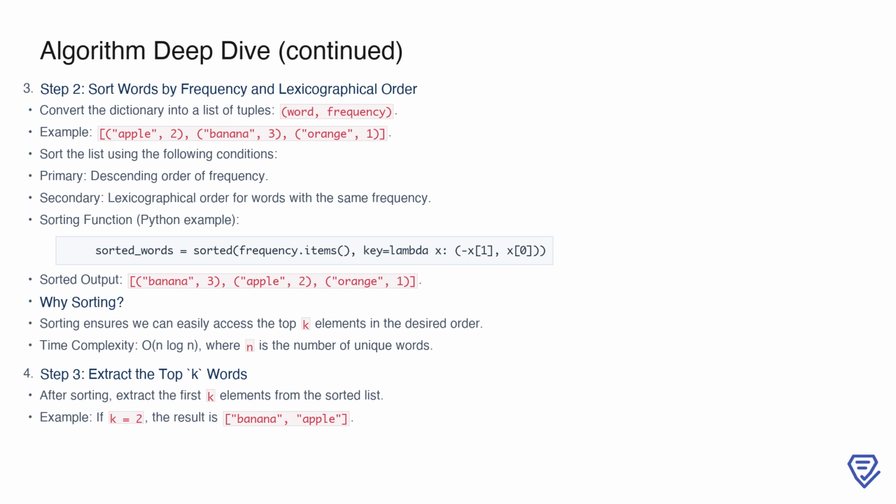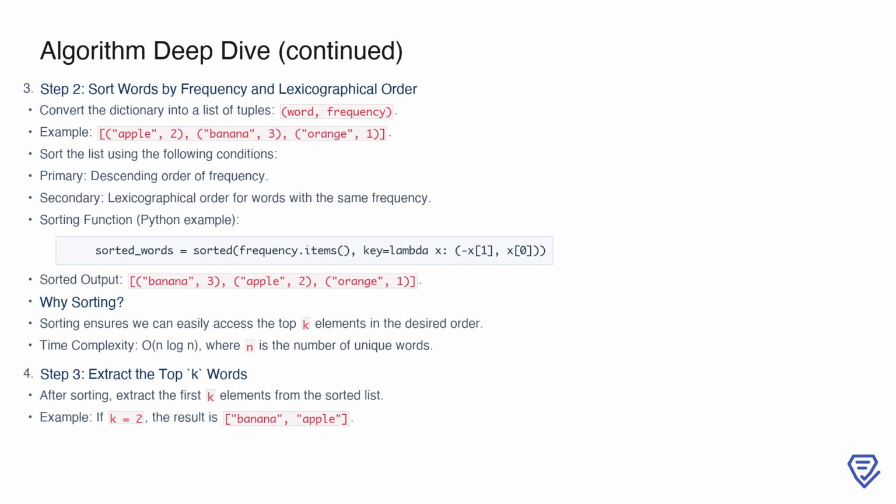Sorting is then performed with two conditions: words with higher frequency should come first, and for words with the same frequency, the one that is lexicographically smaller should come first. In Python, this can be implemented using a sorting function like sorted(frequency.items(), key=lambda x: (-x[1], x[0])). Applying this to our example, the sorted list becomes (banana, 3), (apple, 2), (orange, 1).